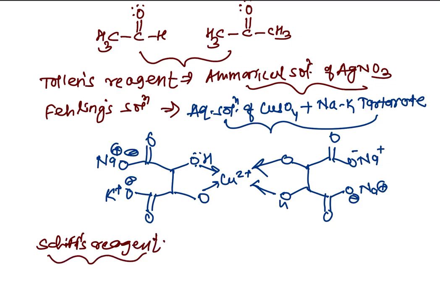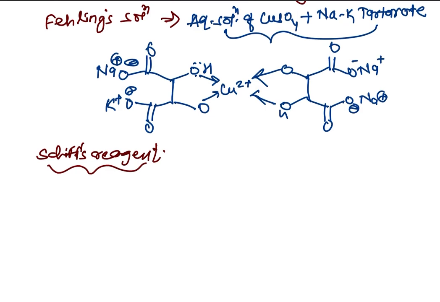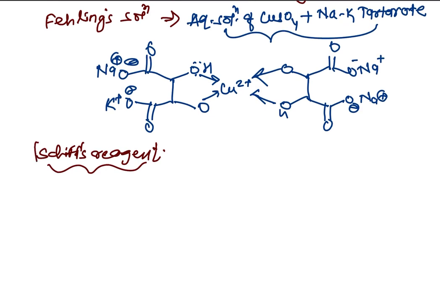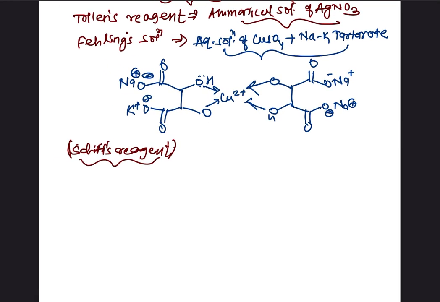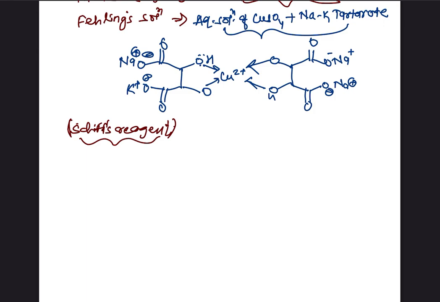Third one, Schiff's reagent. This reagent is made up of magenta, that is rosaniline hydrochloride, and this is its structure.